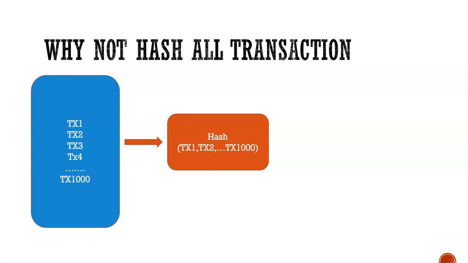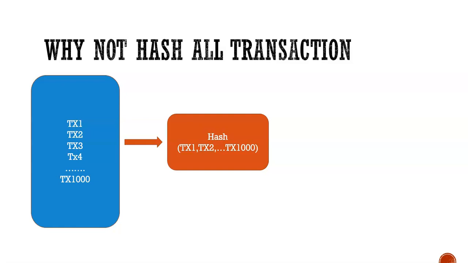We will have a list of all transactions. Approximately, we will have anywhere between 500 to 1,000 transactions in a blockchain block. Precisely, each Bitcoin block, Bitcoin being a very famous application of blockchain, will have around 500 to 1,000 transactions.